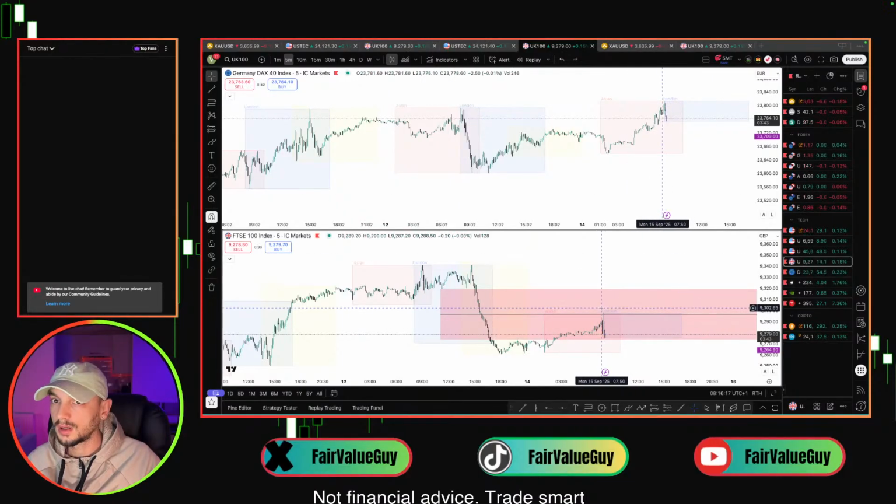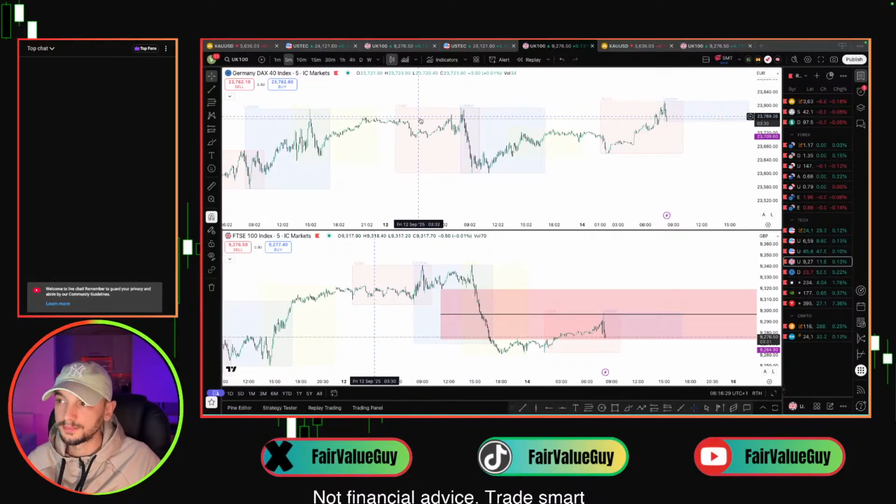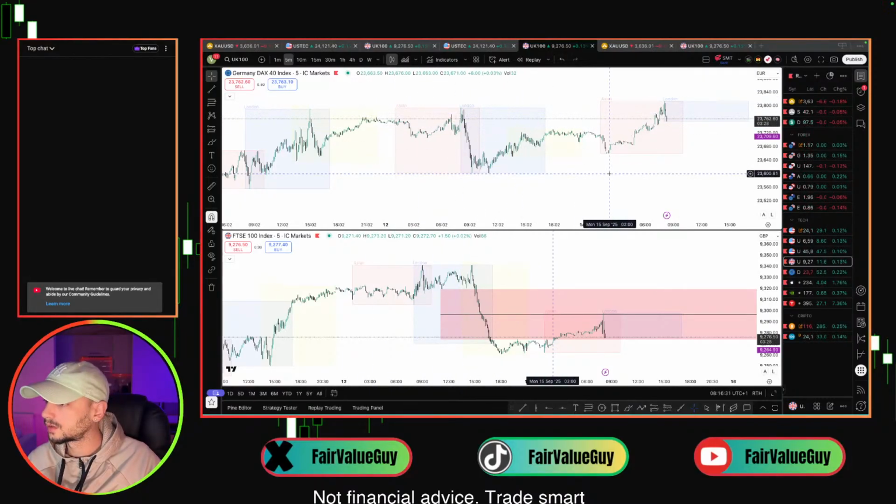You see where we are on FTSE. We haven't taken anything with these London highs and Asian highs, while we managed to take the previous day highs on the German index.